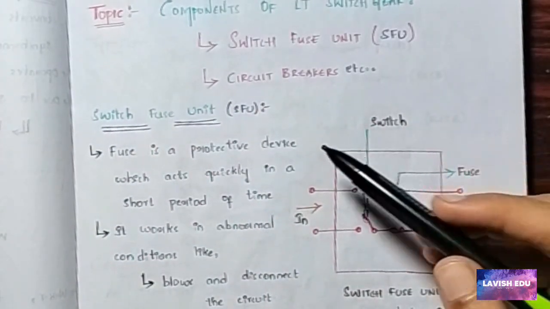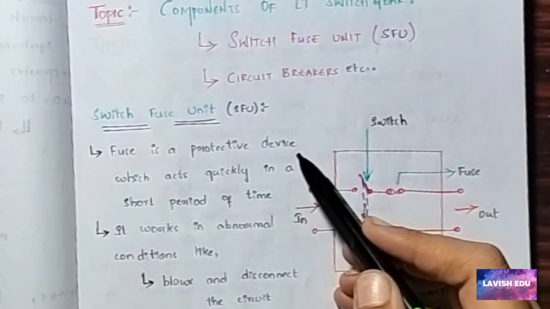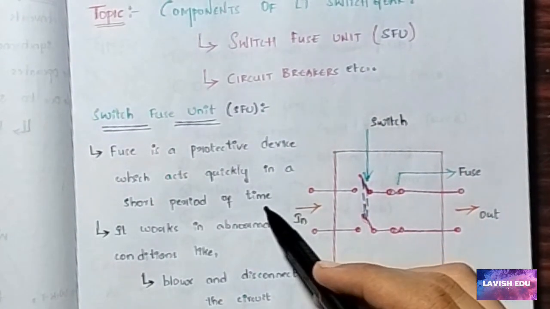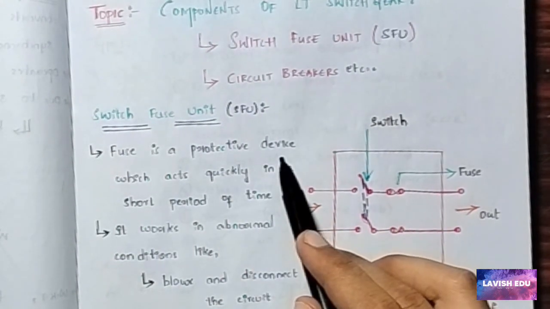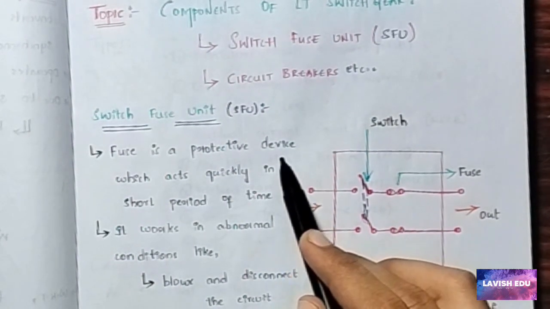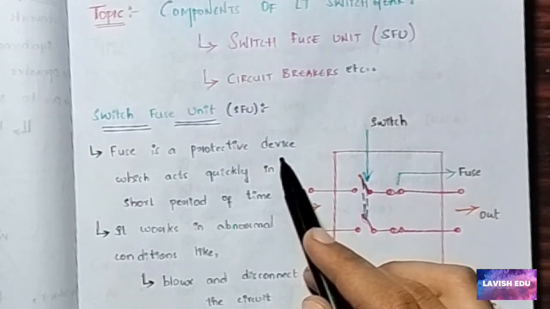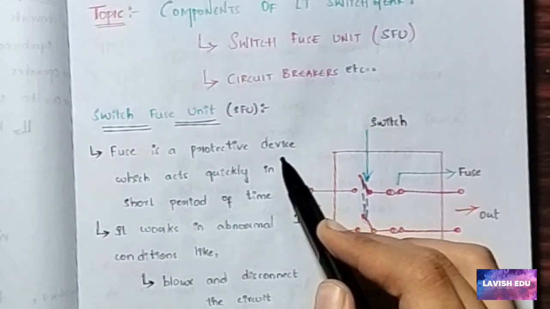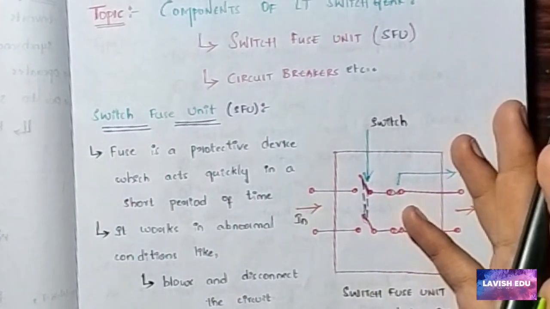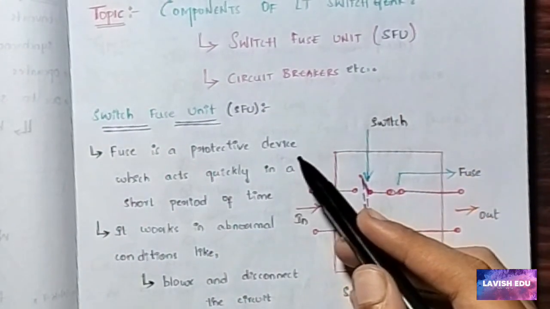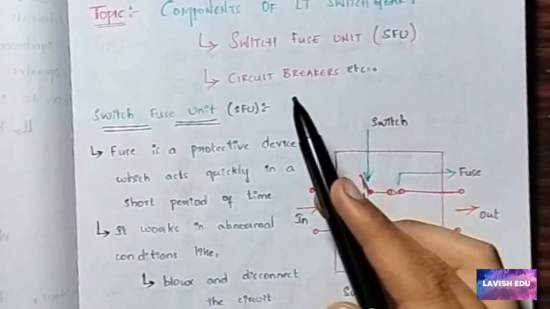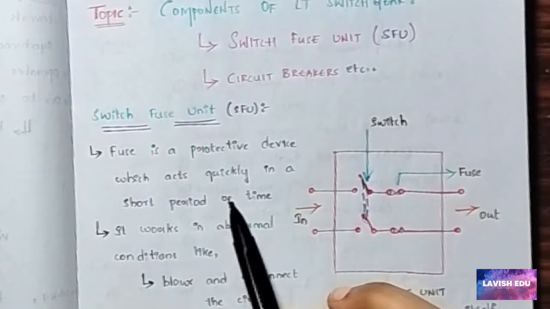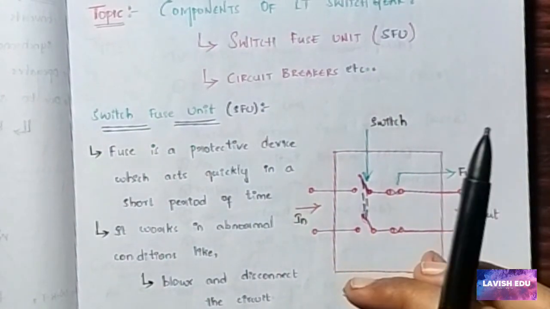Switch fuse unit. Fuse is a protective device which acts quickly in a short period of time. Just like in our day-to-day life, we use fuses in our houses to get rid of overload or power shortages. It is a safety device which acts in a very short interval of time.